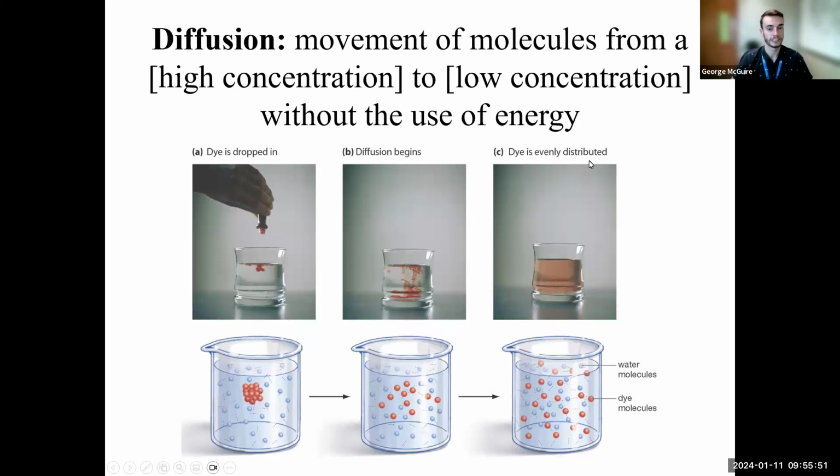So these next few slides are going to take a closer look at the process of diffusion and how it works. So we're going to be talking about it a lot. And then a quick look at a specific type of diffusion called osmosis, which is the diffusion of water. Okay? So for most solutions, most environments that we're going to be talking about, we are looking at a molecule or a substance that is being dissolved in water.